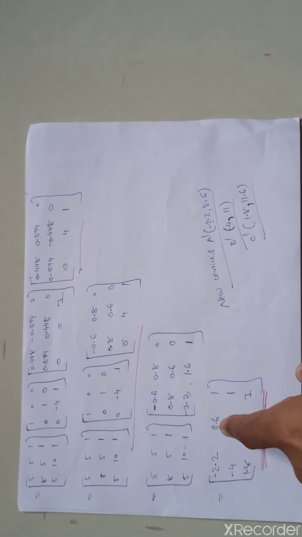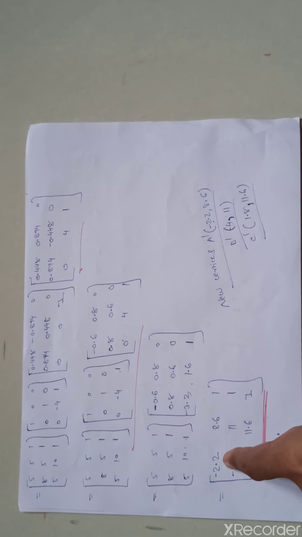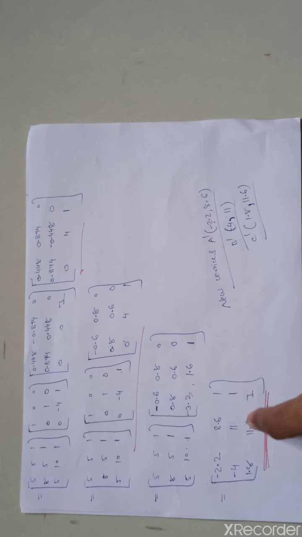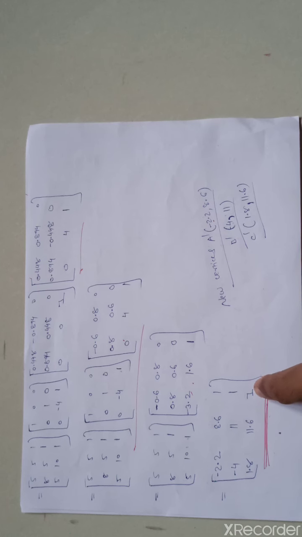Similarly, after all the multiplication is done, we get minus 2.2 8.6 1, minus 4 11 1, 1.8 11.6 1.